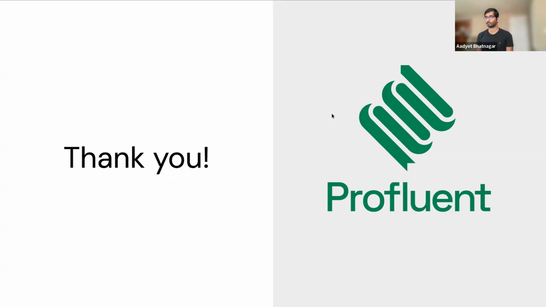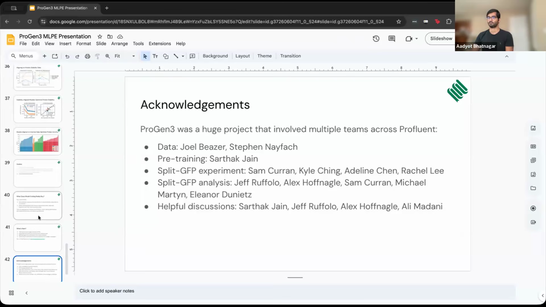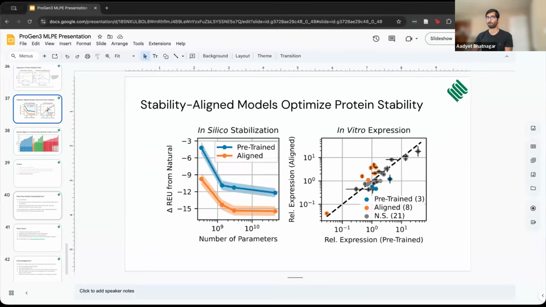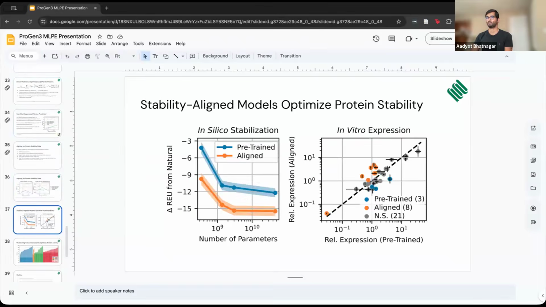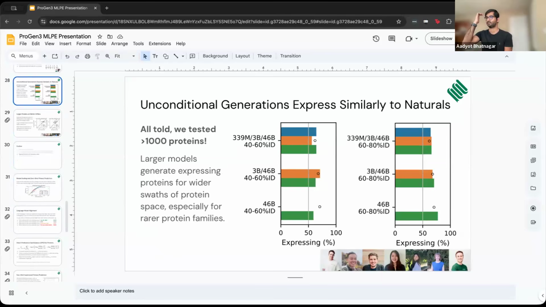Question here. It seems like models that are trained on the distribution of natural sequences tend to mimic the distribution of functionality of those sequences, meaning the sequences you generate out of the model will probably perform somewhere within, or not too far from, the mean of the distribution of natural sequences, which obviously from a design perspective is not what we want.